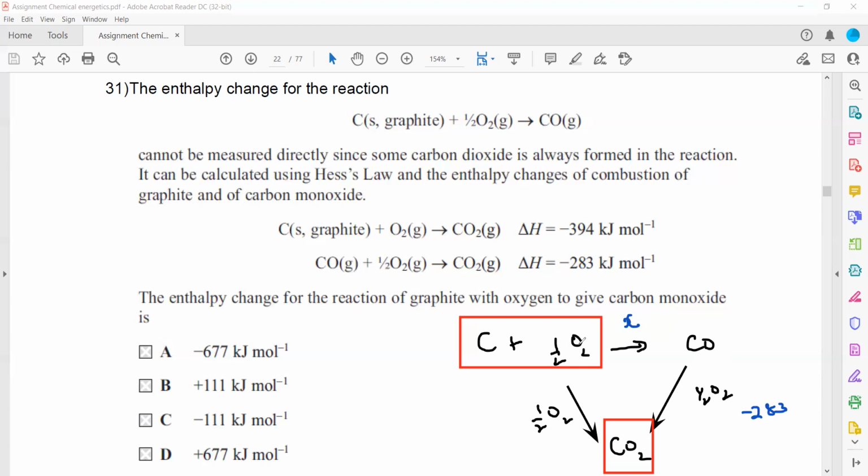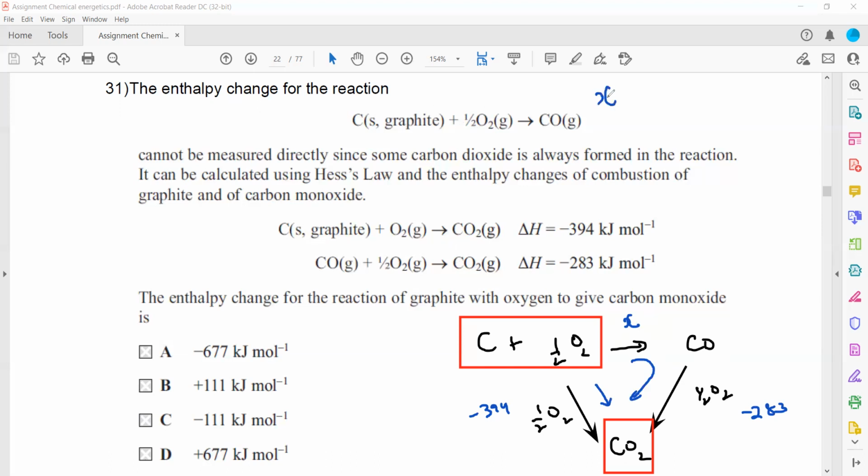And when carbon plus oxygen gives carbon dioxide directly, the enthalpy change is minus 394. So if we follow route 1 or route 2, the overall energy change is independent of the route or path.